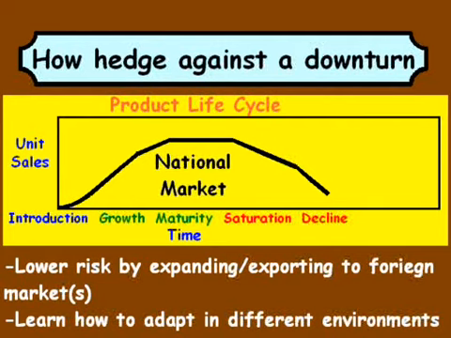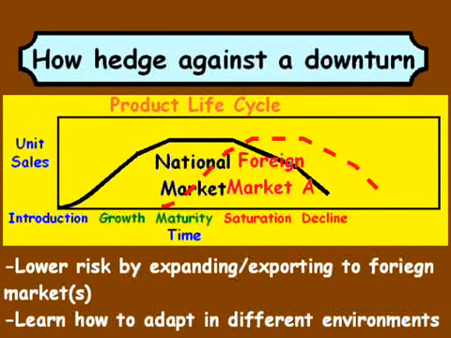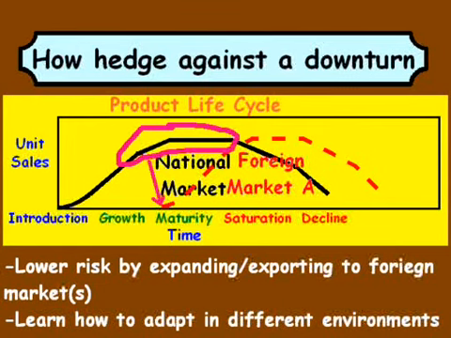So we have what I call our national market right here. And then if we decide to make an investment, we have foreign market A. Now, usually the best time to pursue a strategy like this from a company standpoint is either late in the growth stage or early when we get to the maturity stage, the cash cow stage.